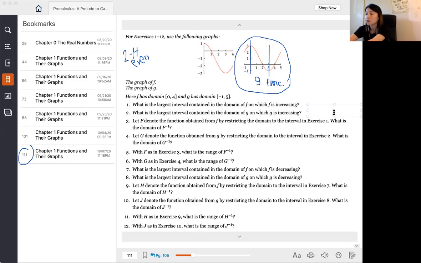So it would be from 3 to 5, right? Oh, okay. No wonder. I was like, where are you getting -3 from? Okay, so are we good? Our largest interval that's increasing is from 3 to 5 because this graph right here, it's going up and we're only looking at the X values.